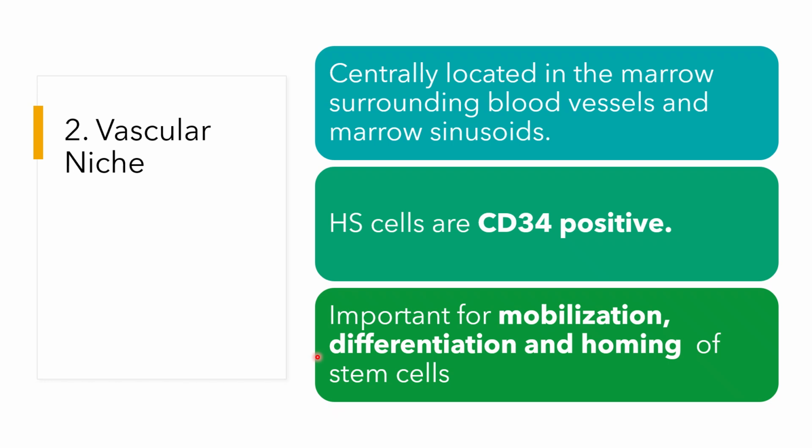So when there is a stimulus, the cells in the vascular niche proliferate, and since they are closer to the marrow sinusoids and the blood vessels, they get into the circulation, they serve their purpose, proliferate, and then after the purpose is served, they go back to the endosteal niche. So the vascular niche has active hematopoietic stem cells, and the endosteal niche has dormant hematopoietic stem cells. The vascular niche being closer to the blood vessels, the stem cells can easily go into the circulation from here.